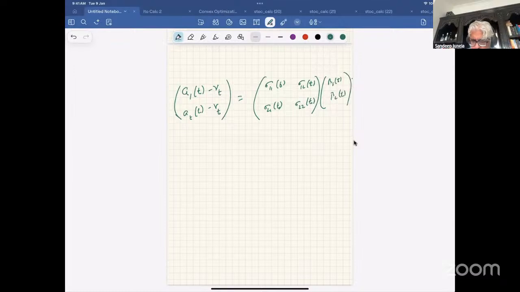So this does not have a solution. There's no beta 1, beta 2 which satisfies this, right?